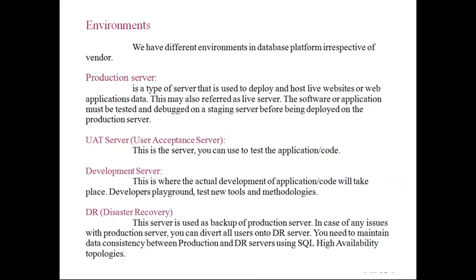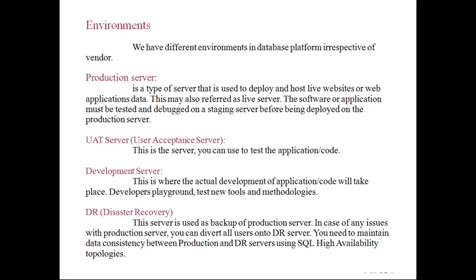And once they are ready with the scripts and schemas for the project on the development server, that deployment or that package will be pushed onto the UAT server, which is the user acceptance server.